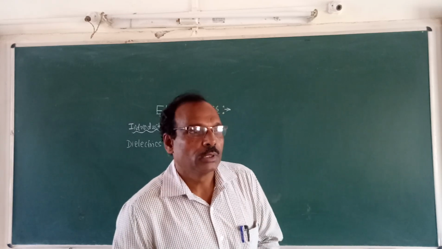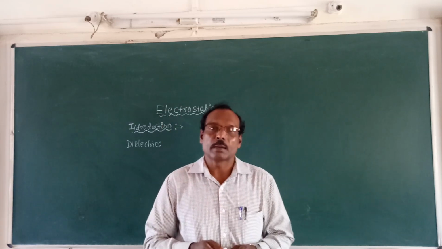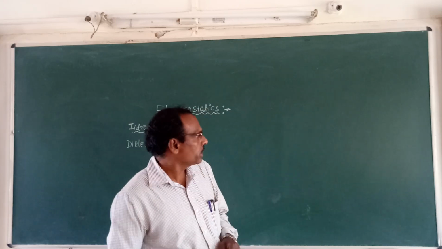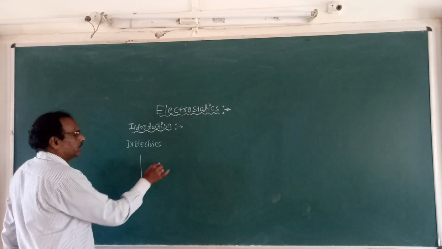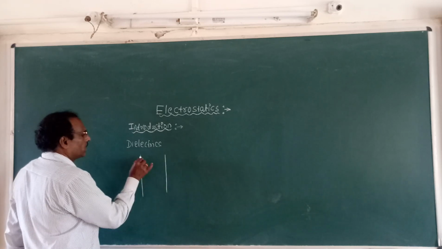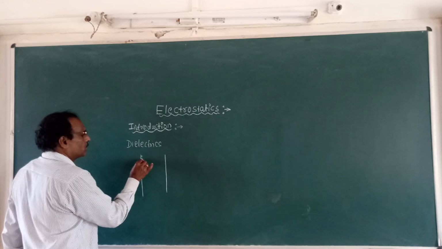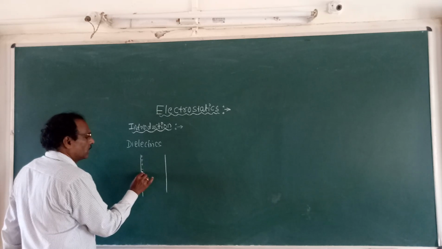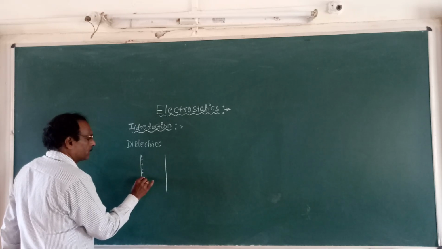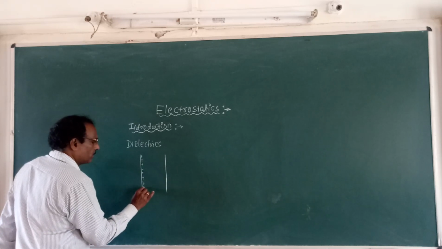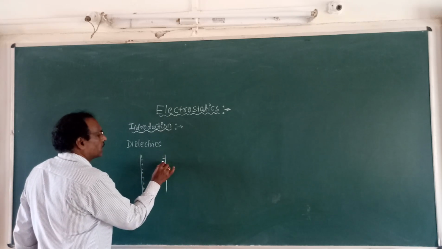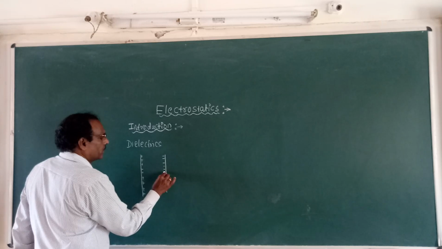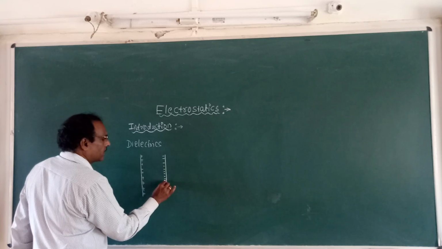You all know the basic principle of a capacitor. A capacitor has two parallel plates like this. One is a positively charged plate, the other is a negatively charged plate, and in between there is a gap.